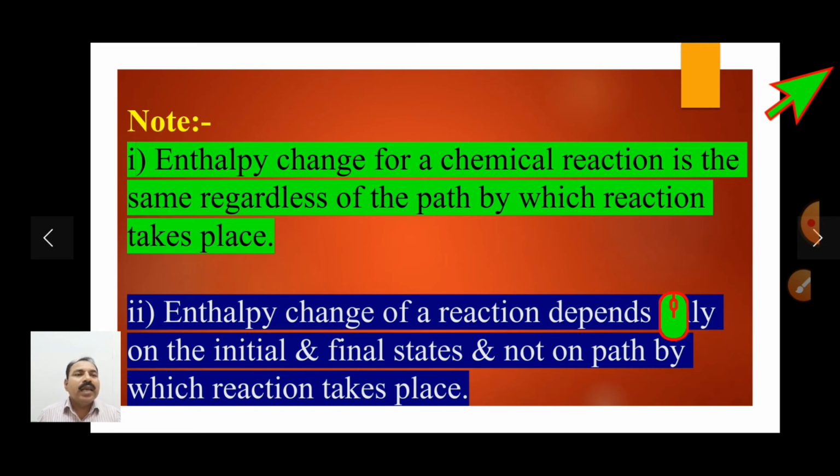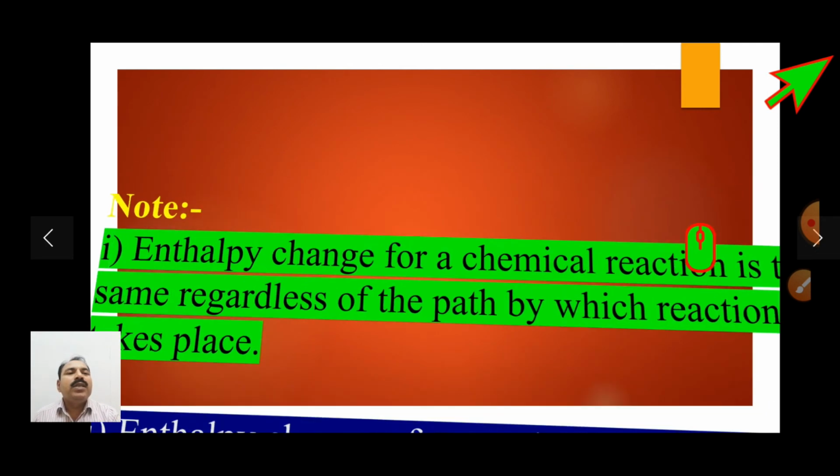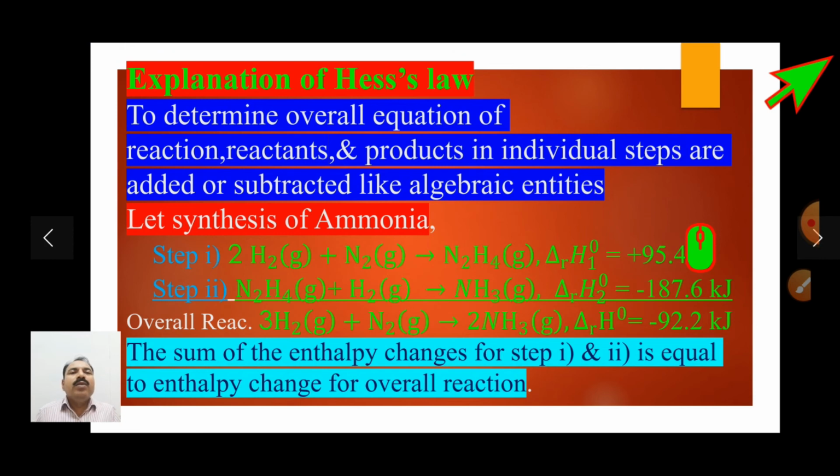Second note: the enthalpy change of a reaction depends only on the initial and final states and not on the path by which the reaction takes place. Now we can see the expression of Hess's law. To determine the overall equation of a reaction, reactants and products in individual steps are added or subtracted like algebraic entities.